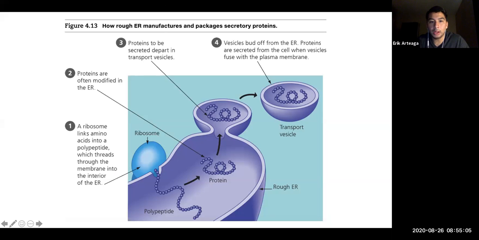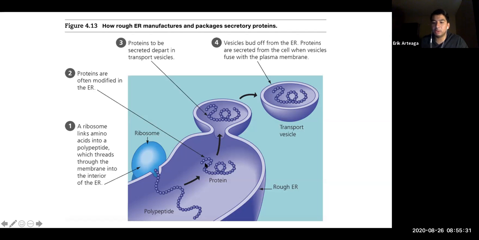All right. How the rough ER manufactures and packages secretory proteins, right? A ribosome makes the protein or the polypeptide by adding multiple amino acids together in a chain formation. This can then be dumped into the endomembrane system, the endoplasmic reticulum, right? So this protein can then be modified, changed.